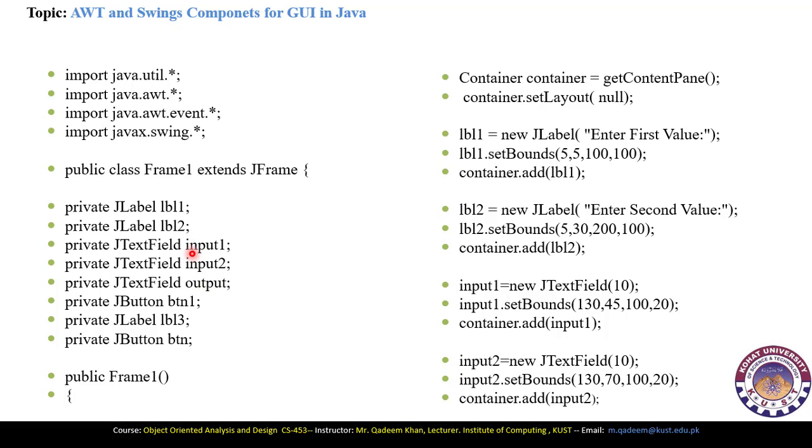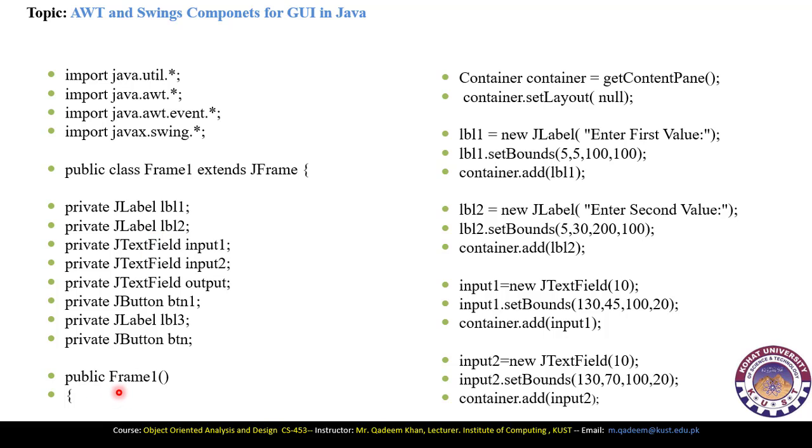So the first two are used for the inputs and the next one will display the output. Here we have JButton btn1 and JLabel label3. Also we have another JButton. So we have two buttons, three JTextFields and three labels as well.